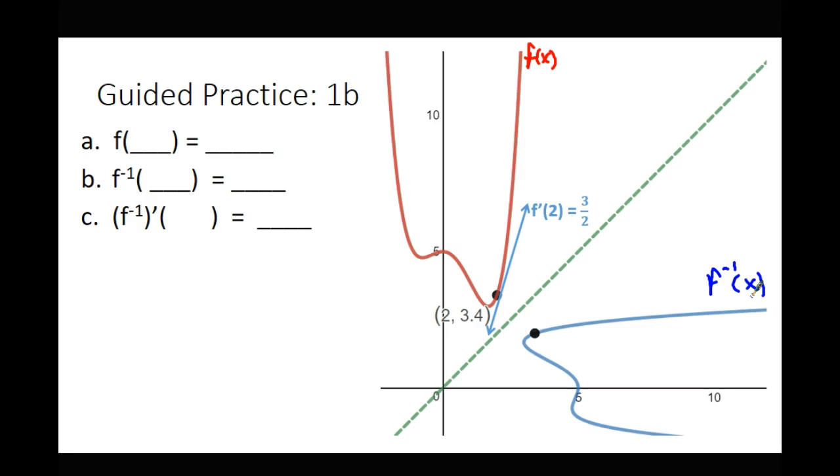It fails the horizontal line test, but we're good. We'll pretend it is. Doesn't matter. Go ahead and fill in all these blanks. It's 2, 3.4, 3.4, 2. Close. No, it's 3.4 and 2. Good.